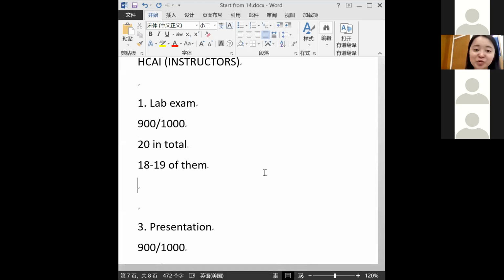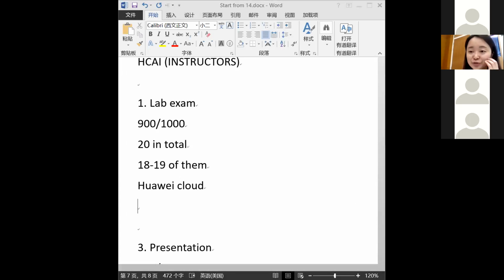For the lab exam, you will get a Huawei cloud account, the name of the account and also the password, and you need to log in and finish the exam online in Huawei cloud.